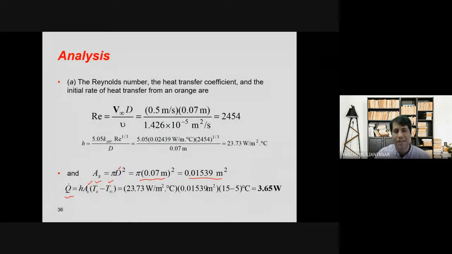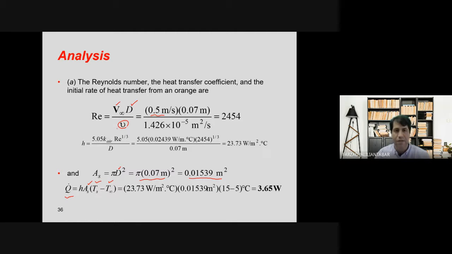First, let's calculate the Reynolds number. Reynolds number is equal to V infinity, the uniform velocity of the fluid flow or air, which is 0.5 meter per second, times D, the diameter of our object, divided by nu, the kinematic viscosity. We have V, we have D. How about this nu or kinematic viscosity?